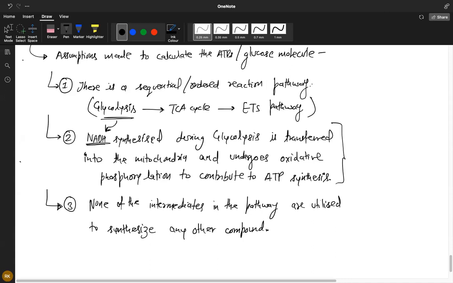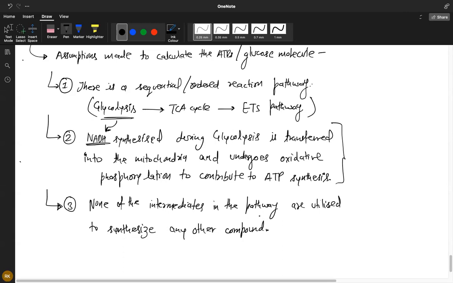Is it clear, Devangi and Waziha? It's okay, Waziha. I think Iram's mic is also not working today, so you people can write in the chat. The third assumption was that none of these intermediates in any of the pathways, glycolysis, TCA or ETS, are lost or utilized to synthesize any other compound.